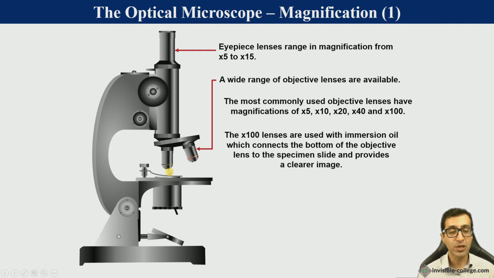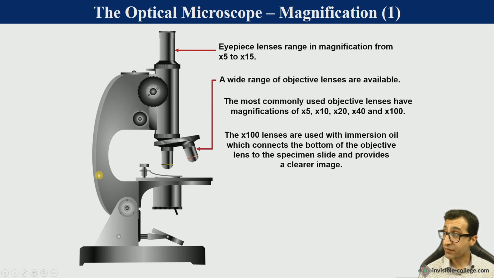The reason why we do this is that this excludes air from between the specimen and the cover slip over the specimen and the objective lens. Just that small distance of air and the particles floating through that air at that high magnification can blur the image. So to prevent that from happening, we use a dot of oil to connect the surface of the objective lens and the cover slip. And this produces a clearer image.